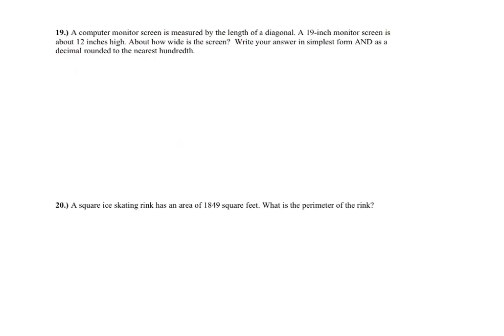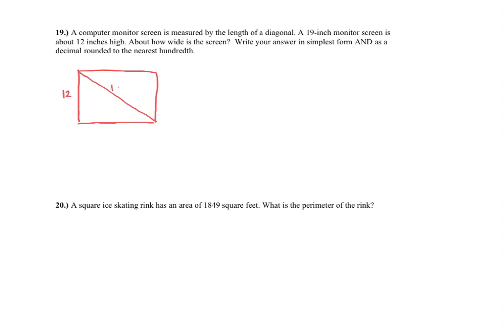And on the last page, number 19, it says a computer monitor screen is measured by the length of the diagonal. Some of you drew pictures, which I thought was a really good idea of a way to visualize this. It says a 19-inch monitor is about 12 inches high.